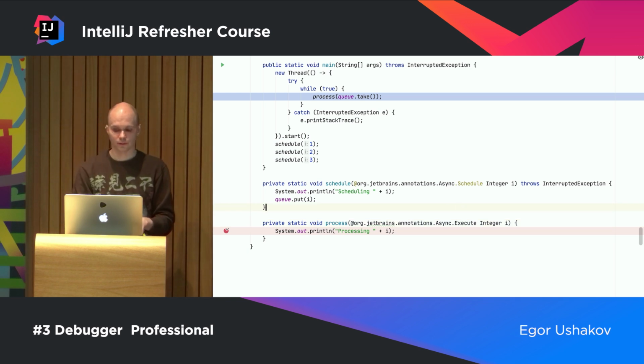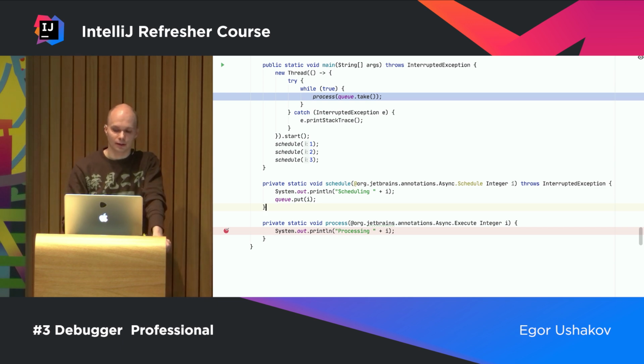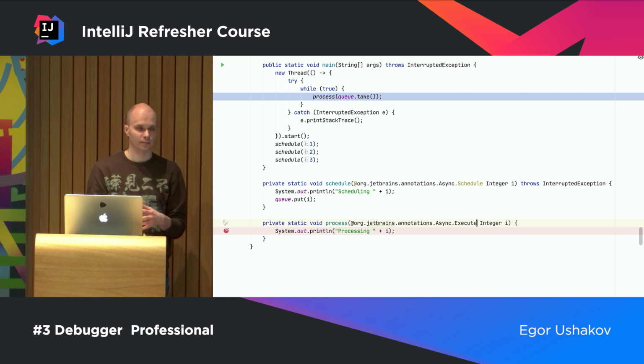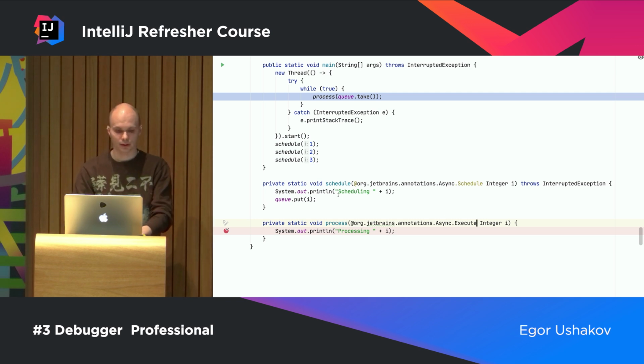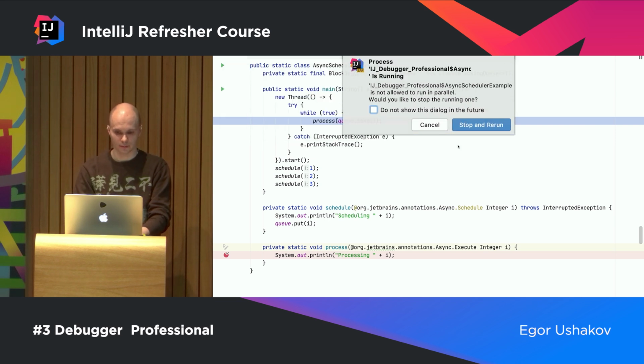The schedule is for the place where you schedule the work, so you mark the key, which will be used for matching the execute part later. Then the execute annotation is used in the process method. So you set the annotations like this, and you don't need anything else in your application.